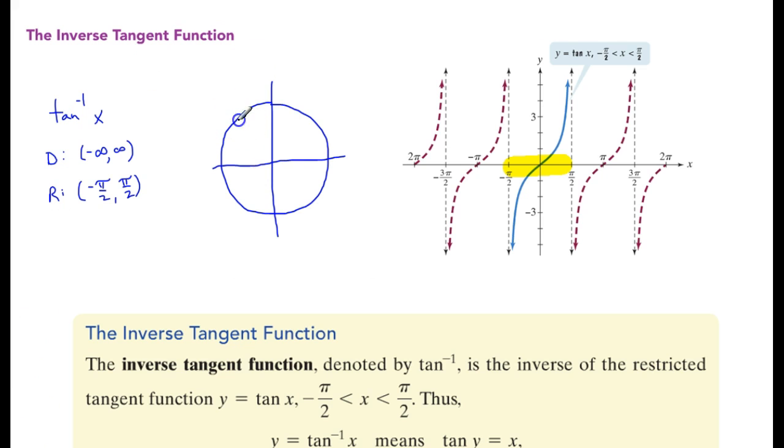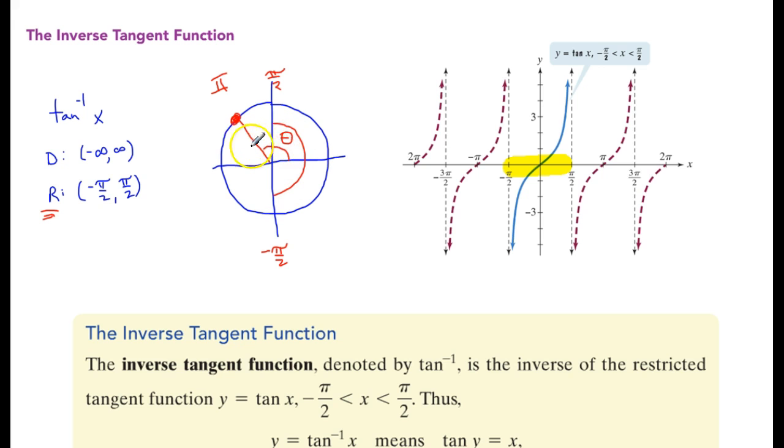Alright, what if I feed it some negative slope, but I want to be in quadrant 2? Well, again, look at the range of arctangent. It's between negative pi over 2 and positive pi over 2. So it's between here and here.